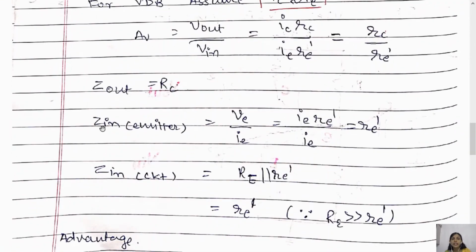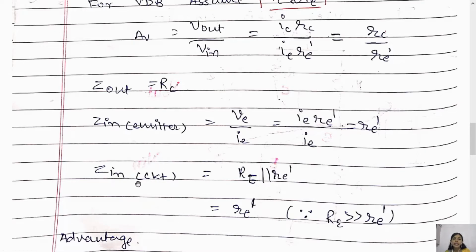So Z in, regarding the emitter, is defined as the ratio of emitter voltage to emitter current, VE upon IE. What is VE? As per Ohm's law, I into R, so I can write IE into re dash. IE cancels out, so the final answer is re dash.